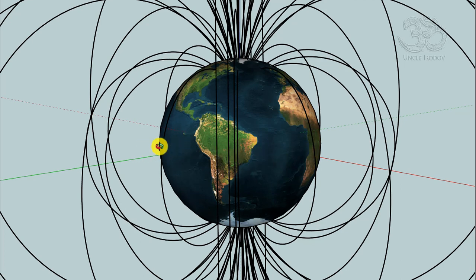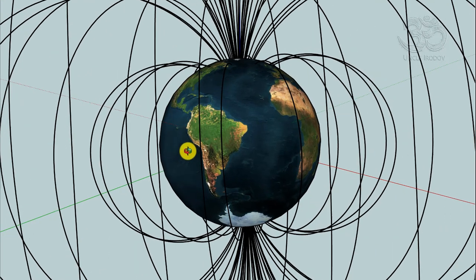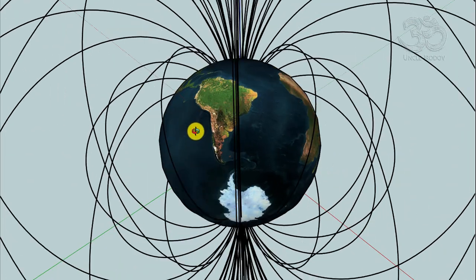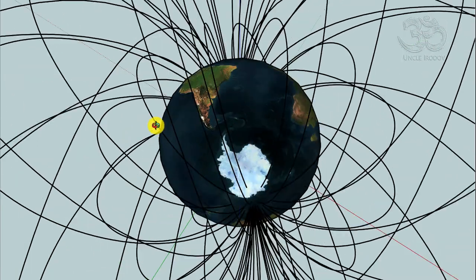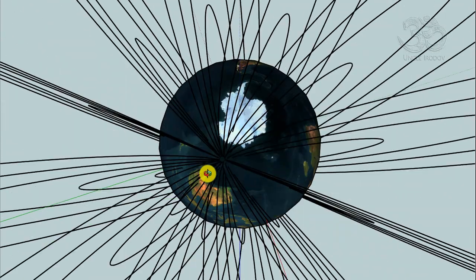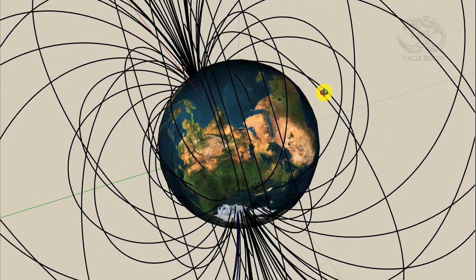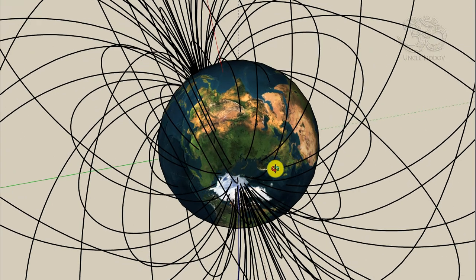I want to see what happens if a person is standing right at the equator and sees one of the field lines. Maybe I will not be able to draw that view or see that view here because I don't have that ability to rotate this in that view, but I will just try nevertheless. No, that view is hard to come by.